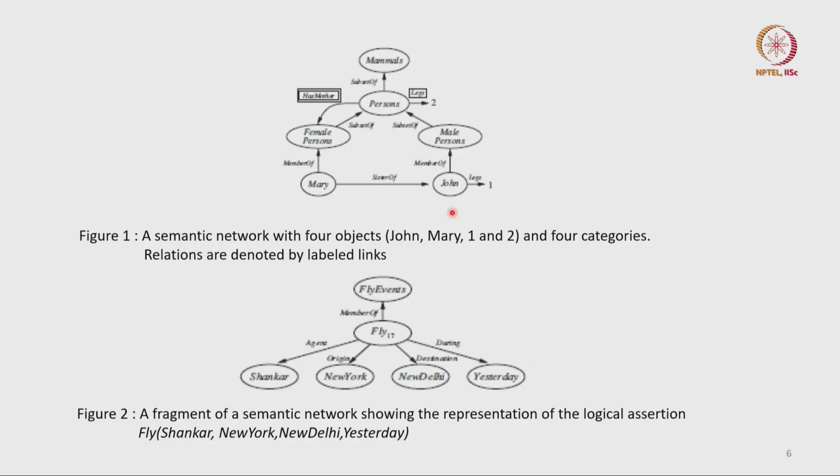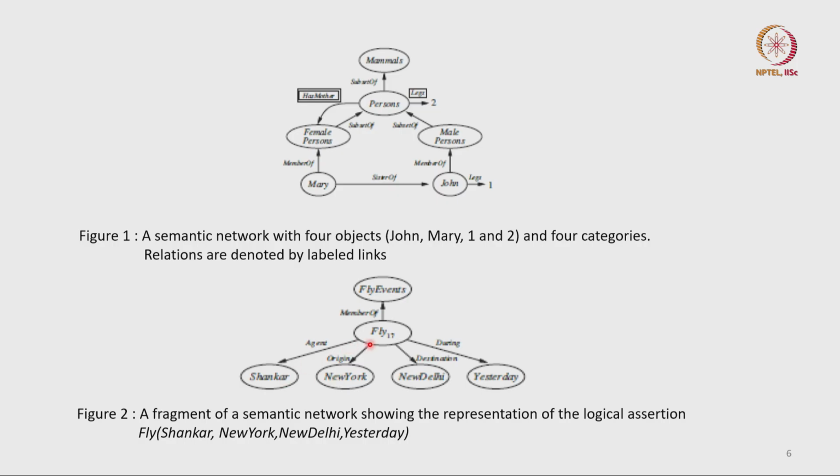So, this is one semantic network which is given here, and here is another semantic network. We have seen this where we are representing an event here, and the event is fly, a certain flying event. Then these are all the links that you have.